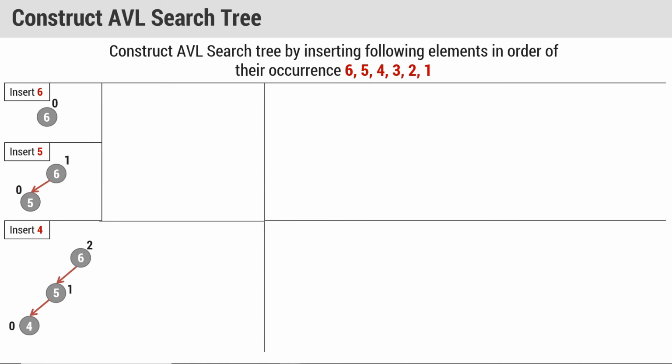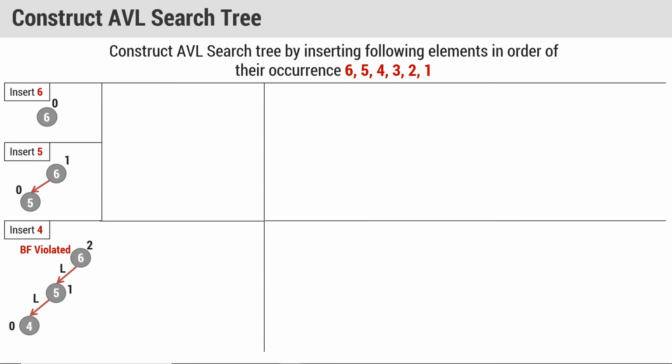So now here the balance factor is violated. So we have to check in which direction the new node is located. So it is on the left side of 6, left side of 5, and left of 4. So this is the LL problem.